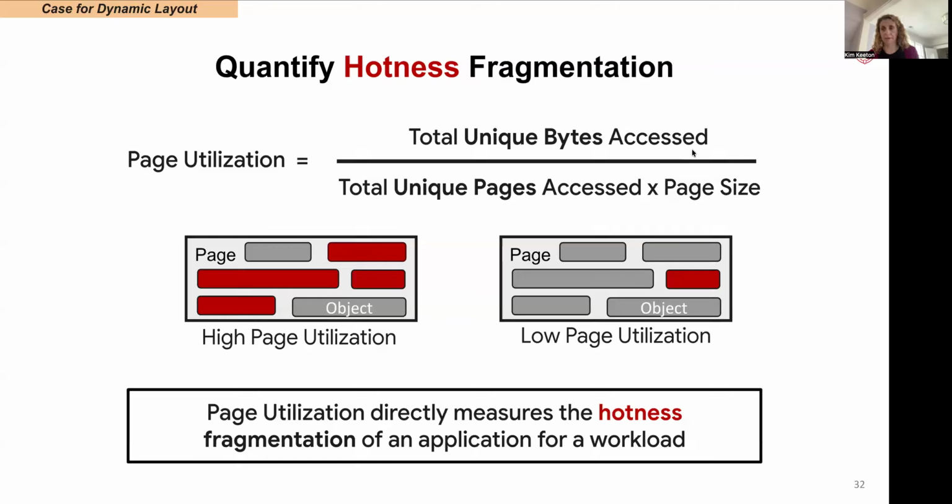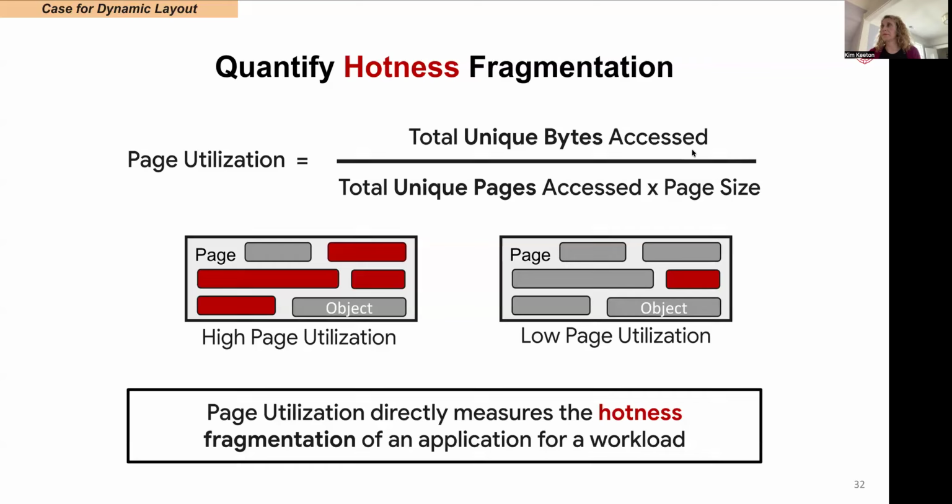That is a distinct category from cold data. I was wondering if you have any thoughts on how you would measure that, because it would tell you whether a smarter allocator would be better. If your allocator had less fragmentation, that would solve part of the problem. It wouldn't address hotness, but it would address the internal fragmentation.